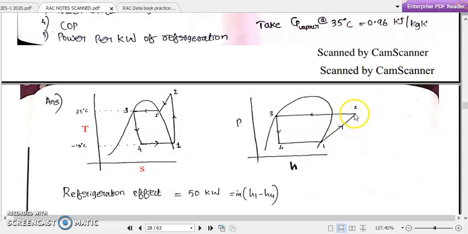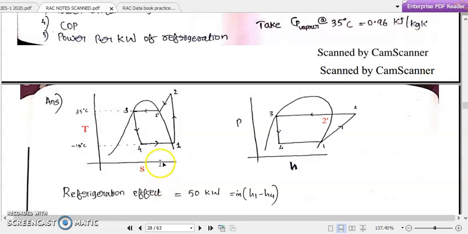Then followed by the constant pressure heat rejection process 2 to 3. Then followed by the constant enthalpy expansion process 3 to 4. 3 to 4 was our isenthalpic expansion process or our throttling process.